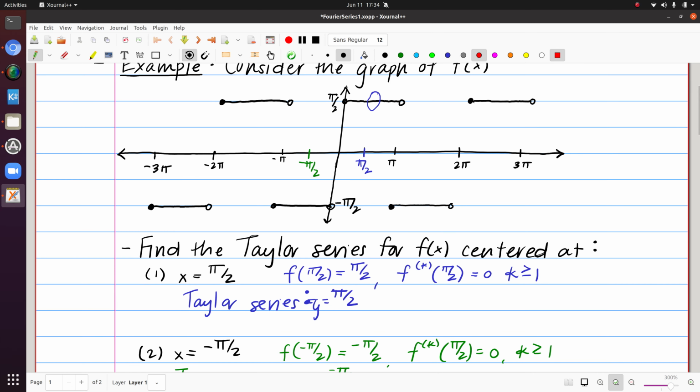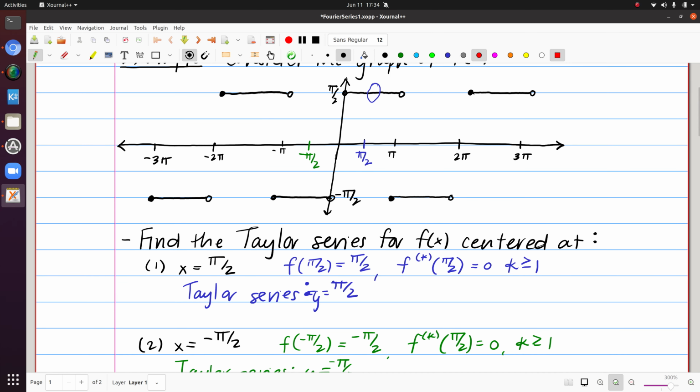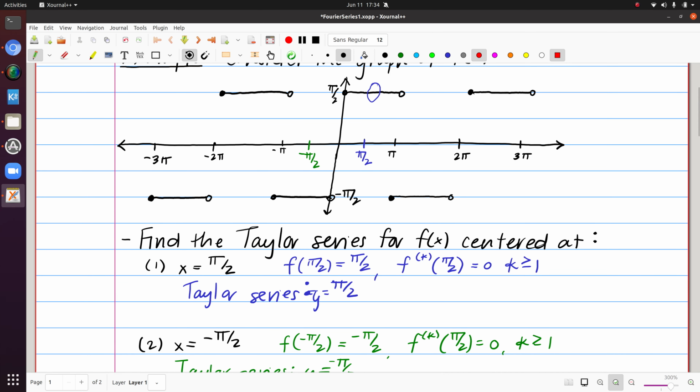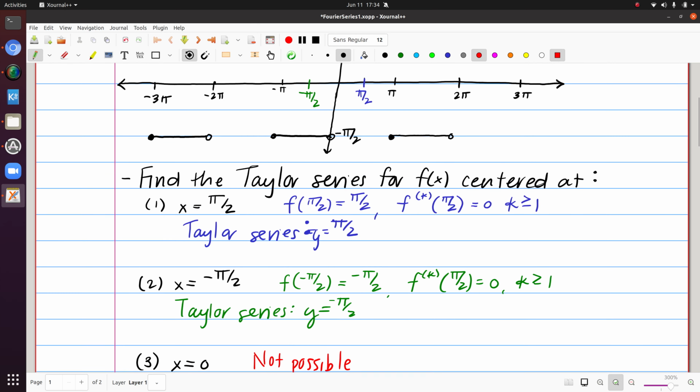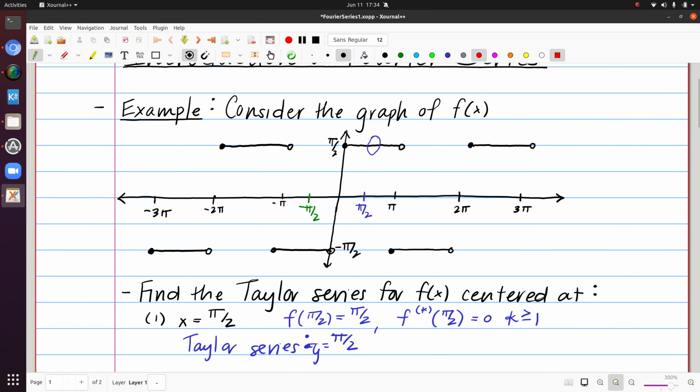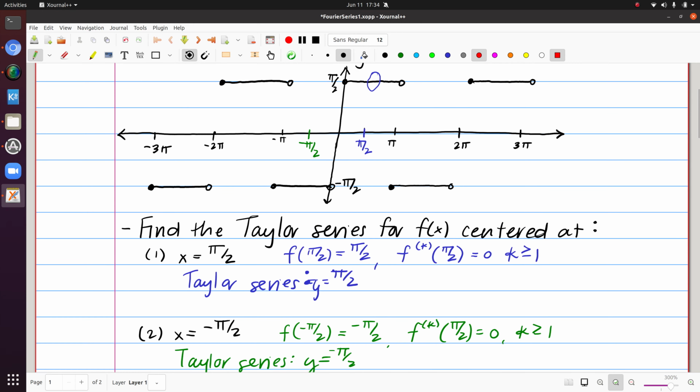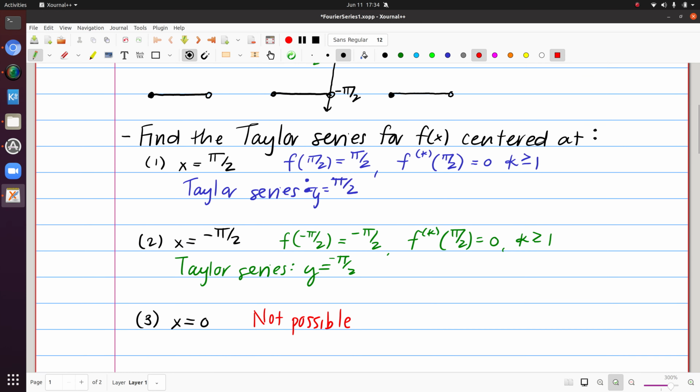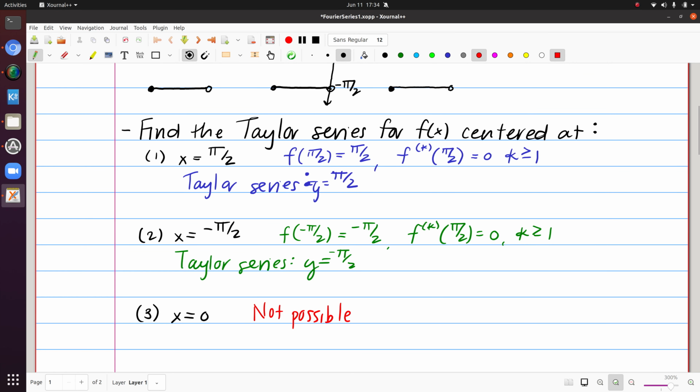This function is defined to be pi over 2 at the center, but as soon as I start to take derivatives, this function is not differentiable at 0. So one big fallback here from Taylor series is I can't even find a Taylor series unless the function actually has infinitely many derivatives at the center.